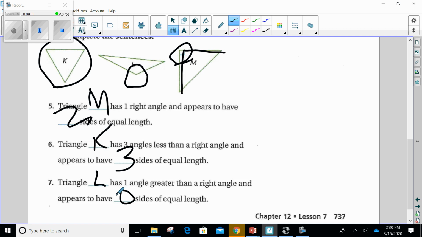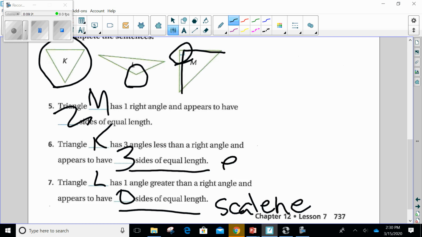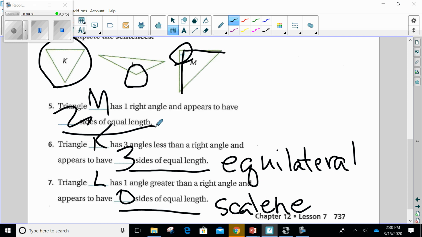Remember, 0 equal sides is scalene, 3 sides of equal length is equilateral, and 2 sides of equal length is an isosceles. All right, let's go to the next page.